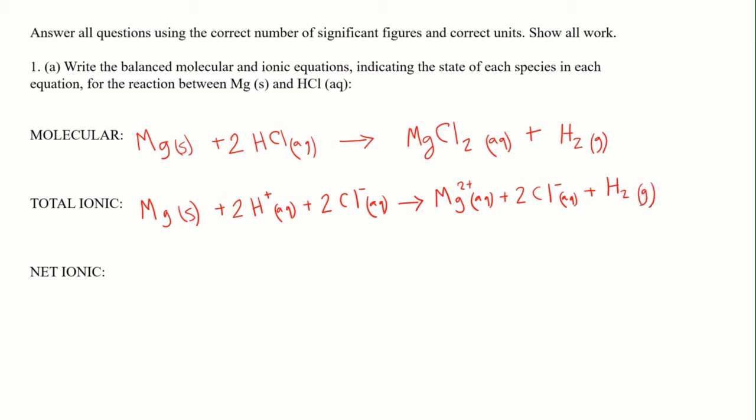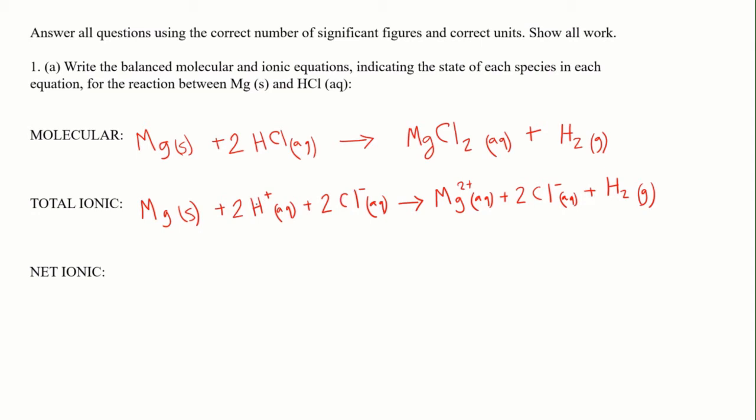Now I'm going to look for spectator ions. Magnesium is not one, because in the reactant I have magnesium solid, but on the product, I have magnesium plus 2 ions.